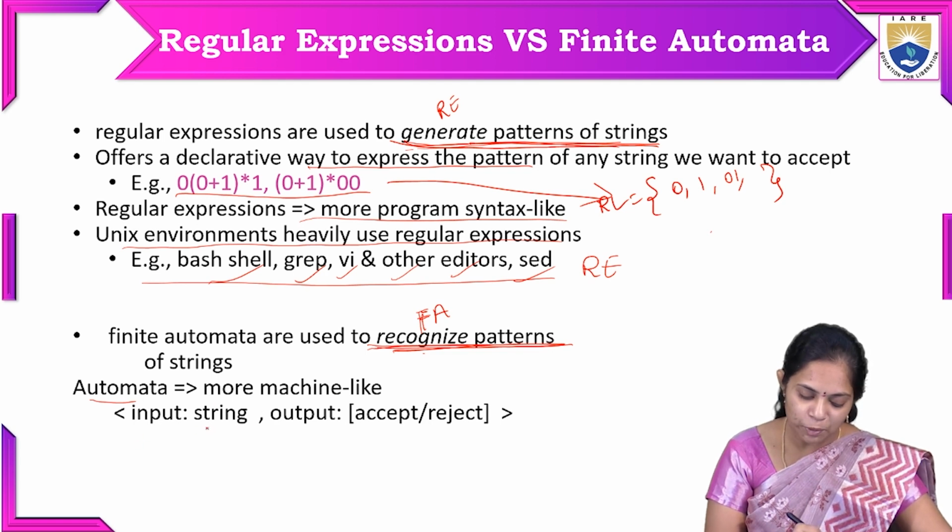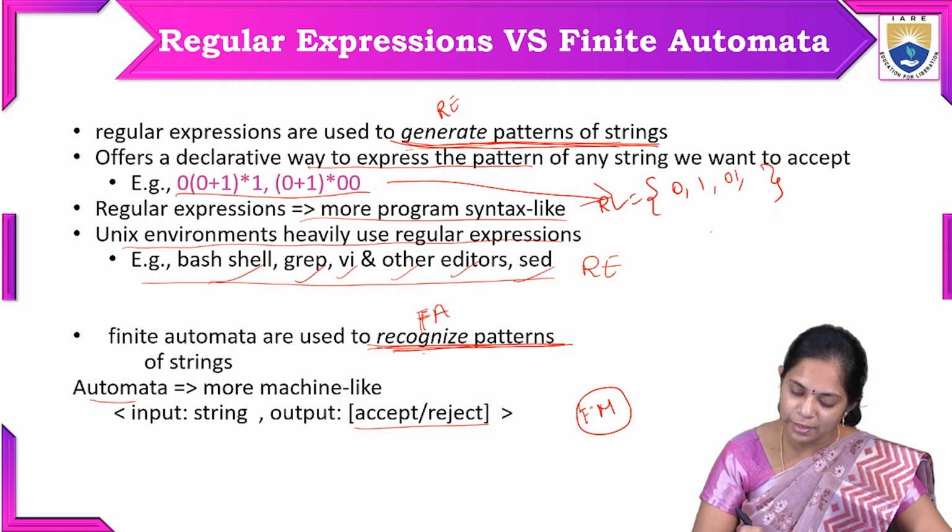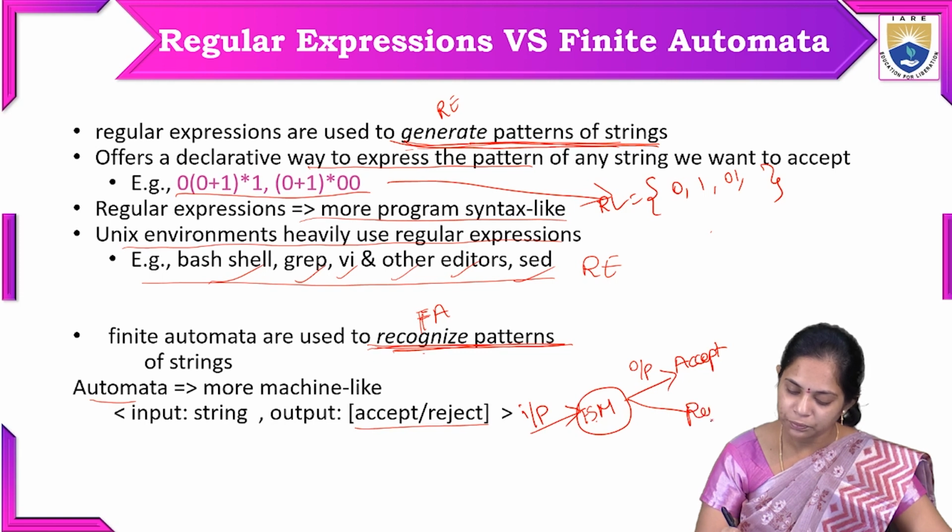If you give an input string to the FSM, the finite state machine, you will get the output as accepted or rejected.